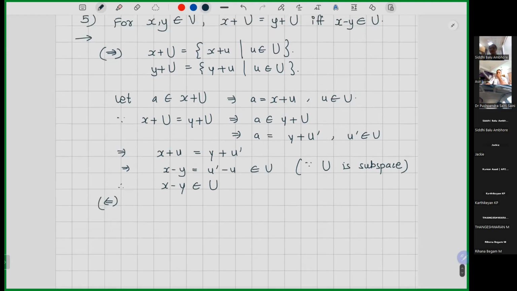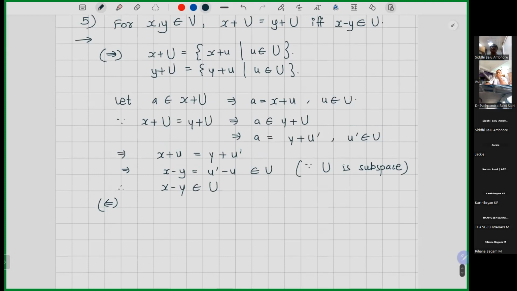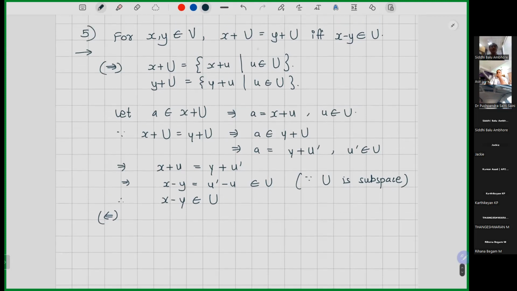We just smartly played with the element A and we got this. We started with A in x plus U. Then A is of this form, x plus u for some u in U. But since x plus U is equal to y plus U as per the given condition for this first implication, we get that A is in y plus U. And then I can write that A is y plus u dash for some u dash.